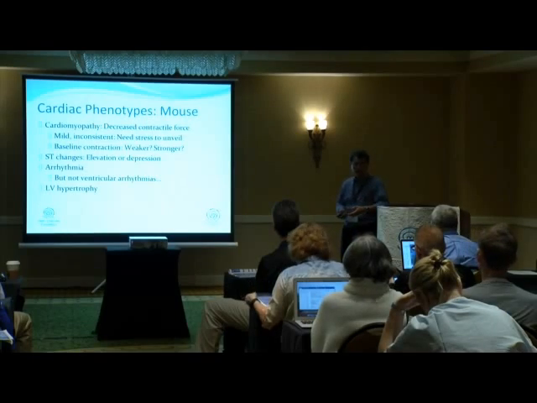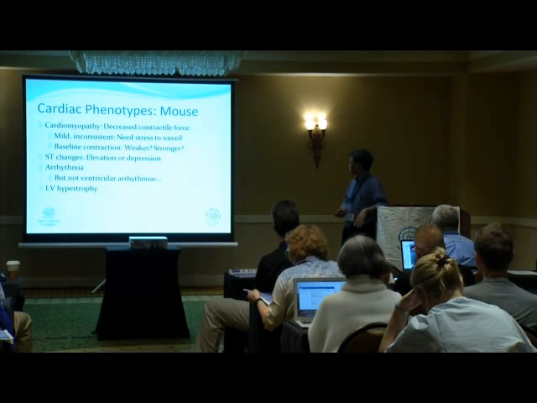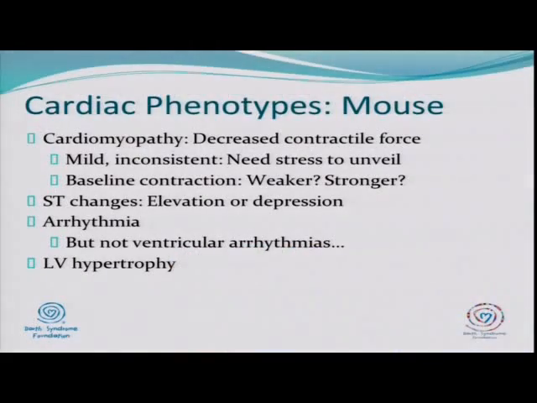That is exactly what you would expect for a cardiomyopathy. I have no idea why in our hands the contraction is stronger at baseline, although weaker under stress. But again, the induction protocol is a little bit different, and our hypertrophy is also different. That's down here. We see hypertrophy, whereas the other labs have seen a thinned out, dilated cardiomyopathy.